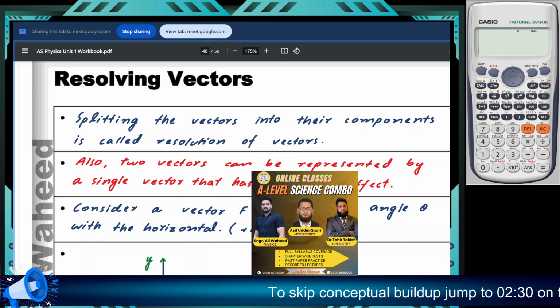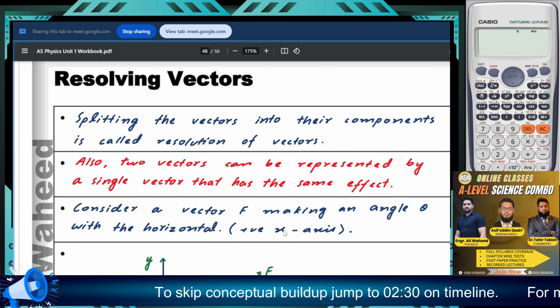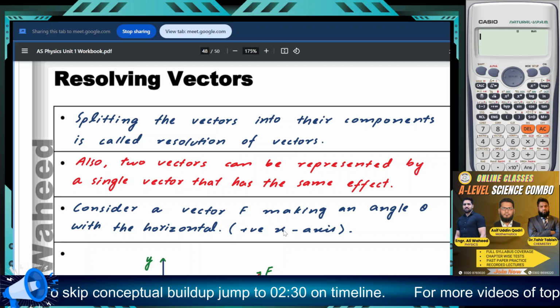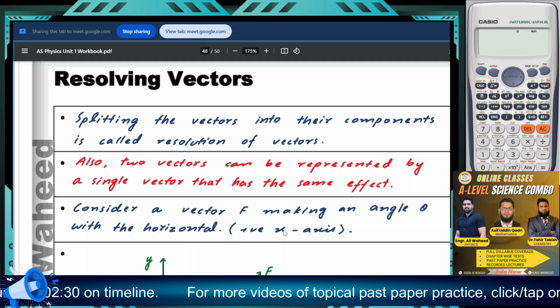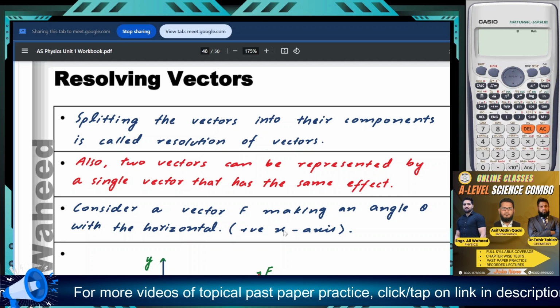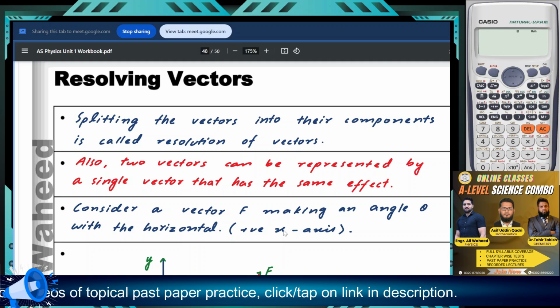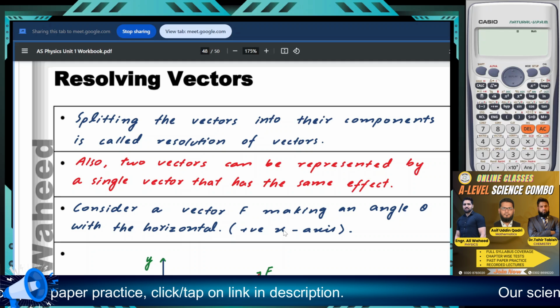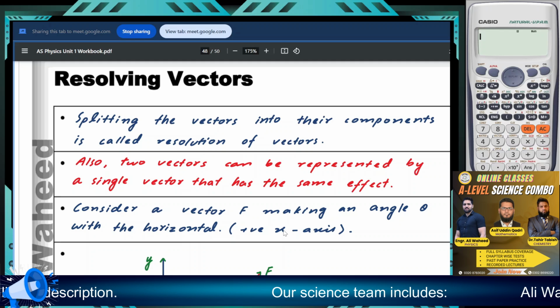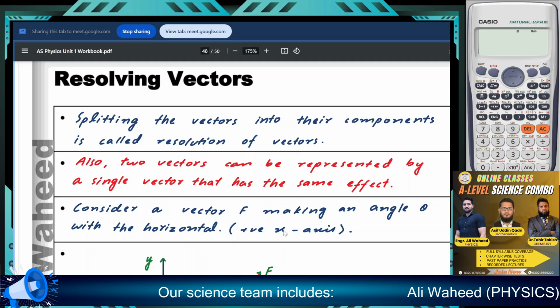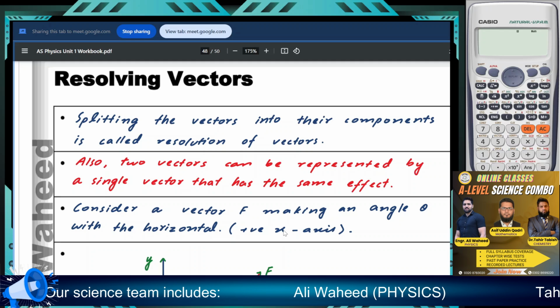Now the question is, what is the resolution of a vector, or what do we mean by resolving the vectors, and why do we resolve vectors to begin with? First of all, resolution of a vector, or resolving the vector, means splitting the vector into its components.